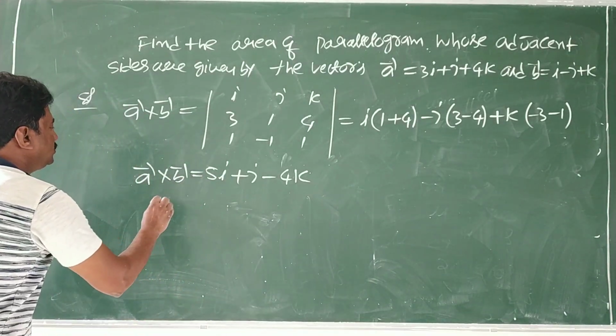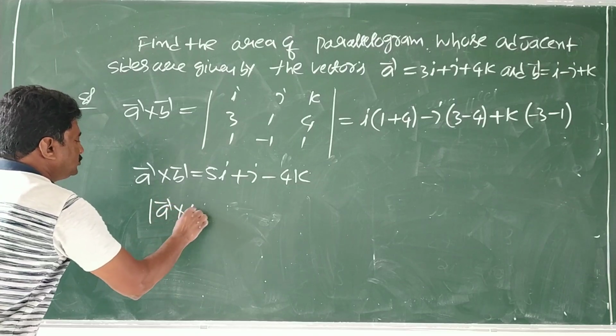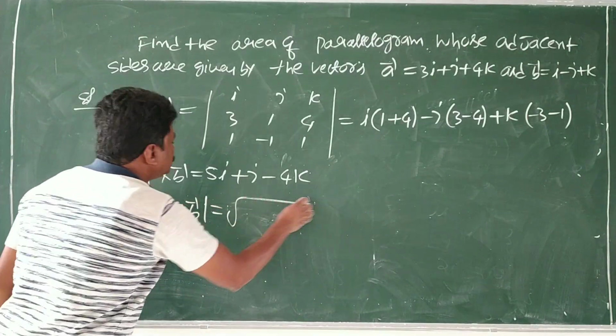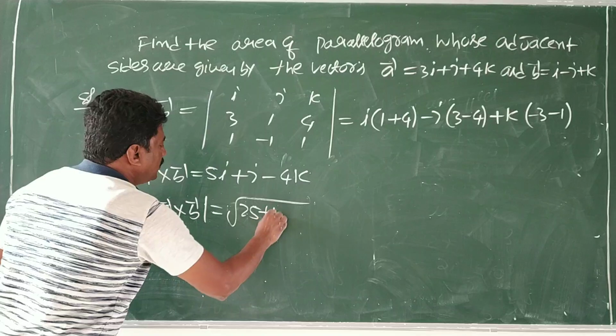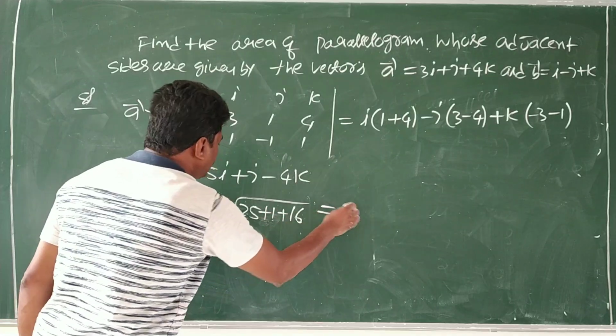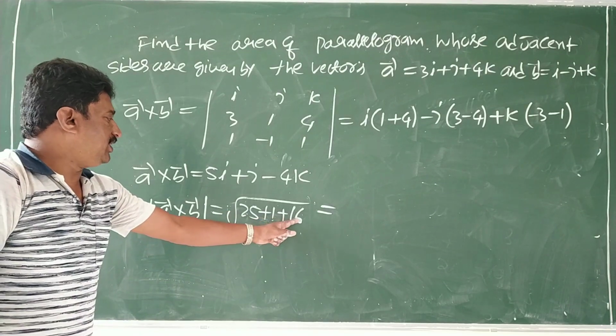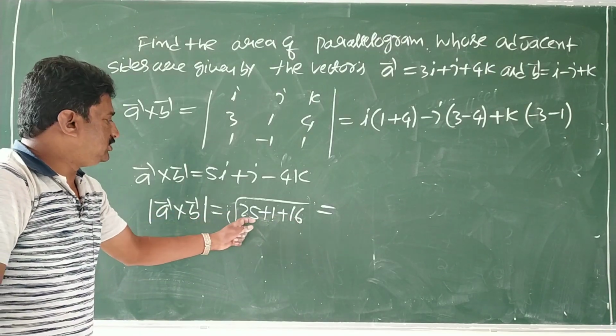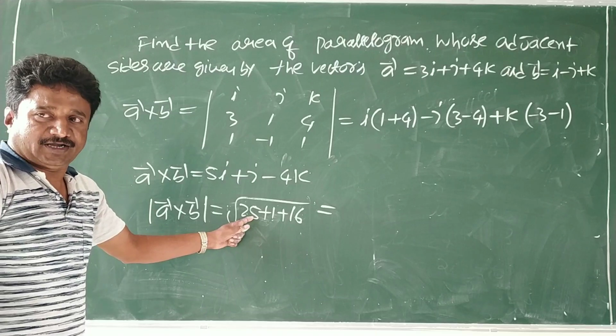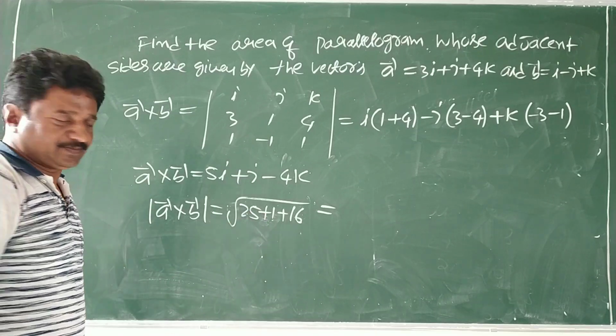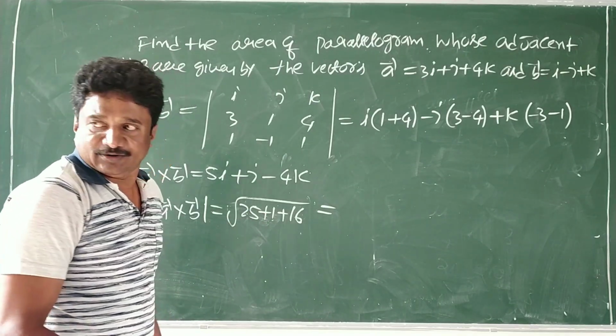So write A cross B. Magnitude of A cross B is root of 5 square 25 plus 1 plus 16. Tell me this total: 25 plus 1 is 26, plus 16 is 42.